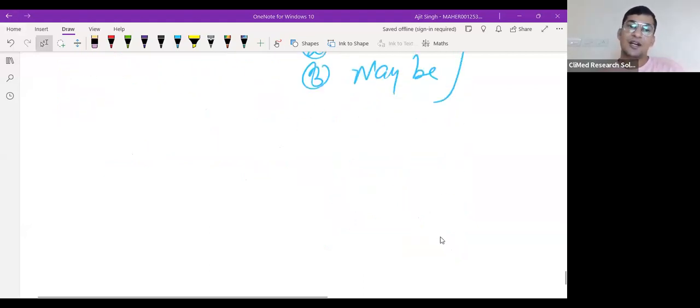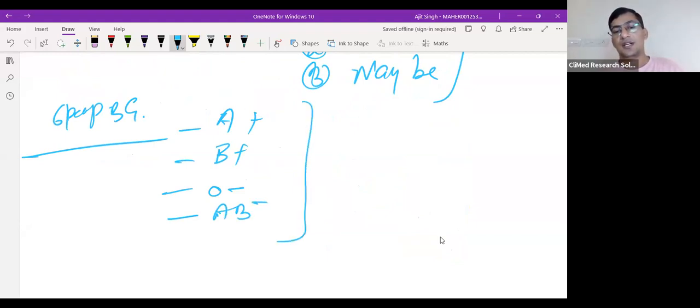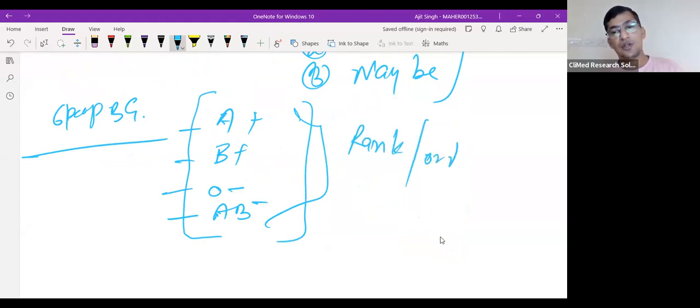Simple. I am checking 6 people's blood groups. One is A positive, one is B positive, one is O negative, one is AB negative. Whatever, there are 4 blood groups, right? So all these are categories. Is there any rank or order in blood groups?